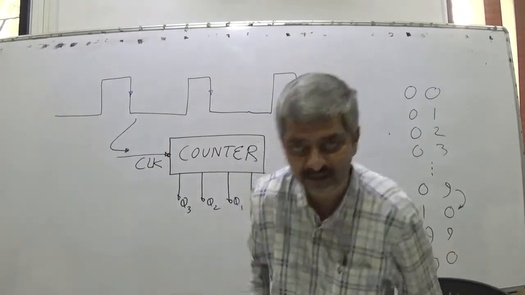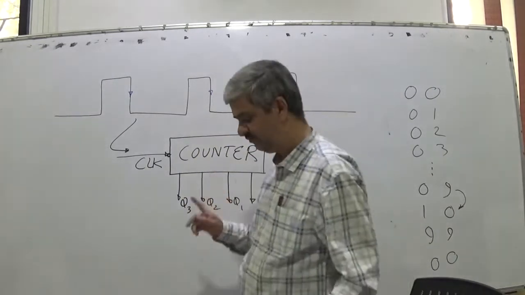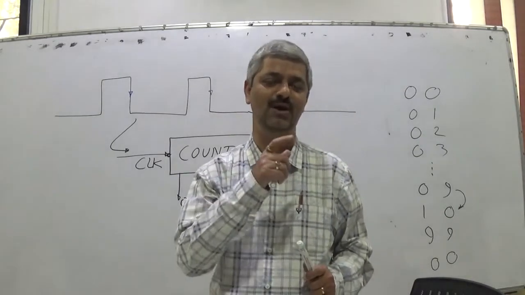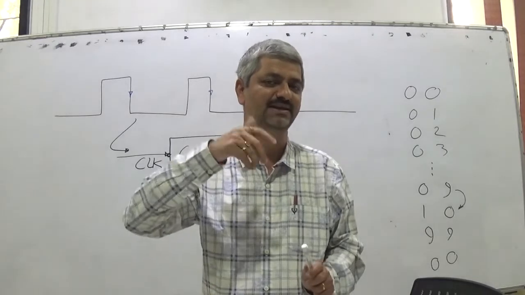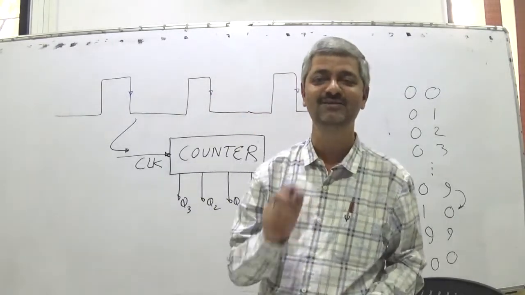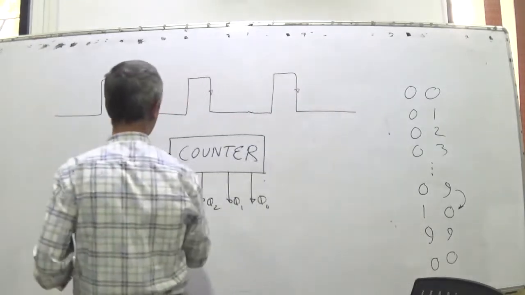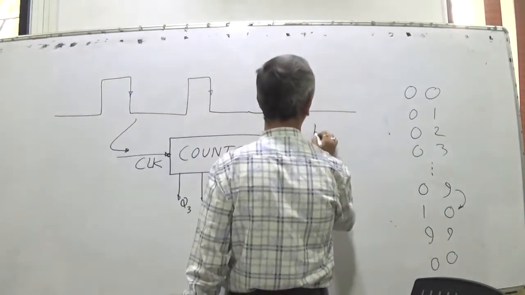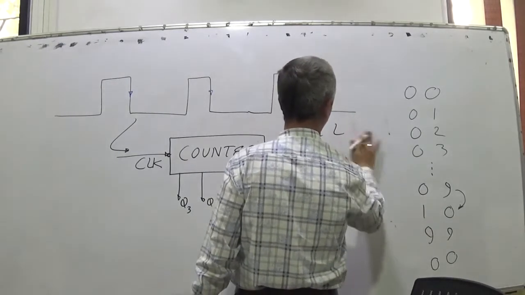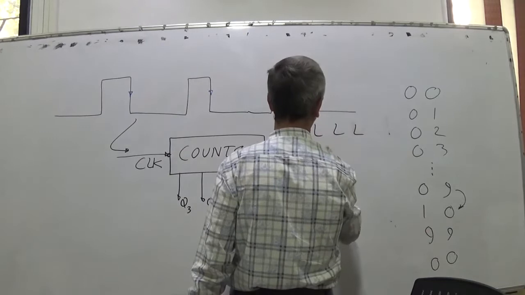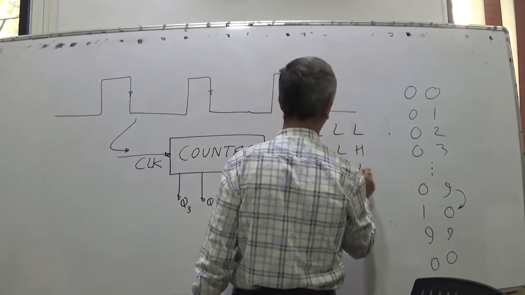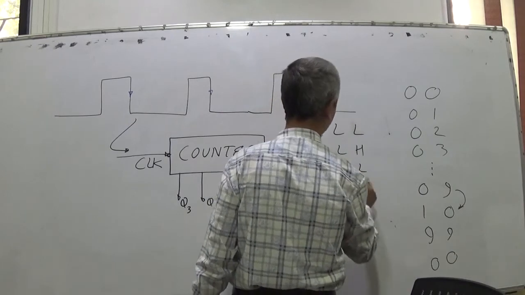To avoid the confusion between binary, hex and decimal, instead of 0 and 1, sometimes we prefer to talk in terms of low and high: low, low, low, low, then low, low, low, high, low, low, high, low, low, low, high, high.